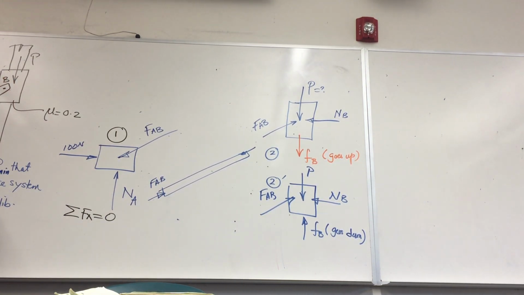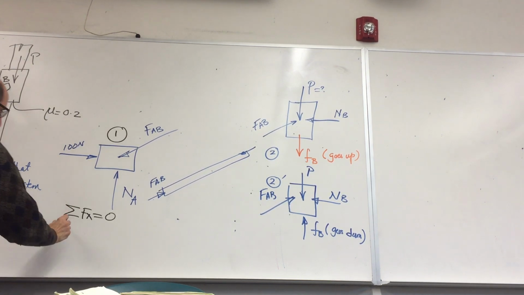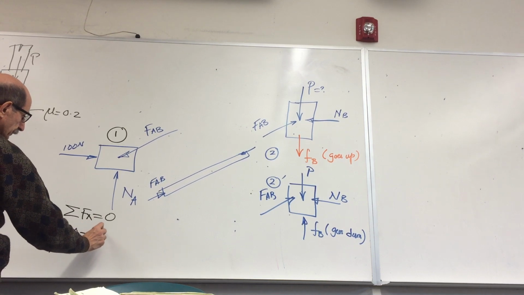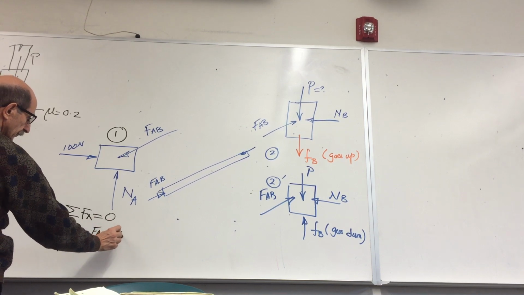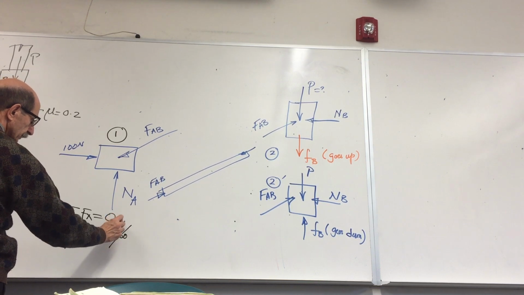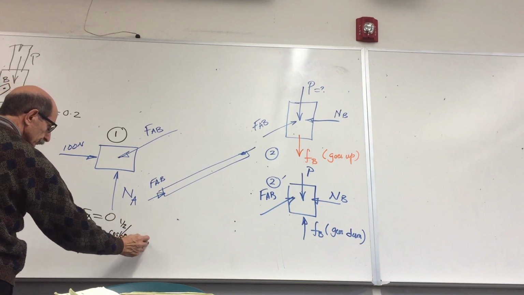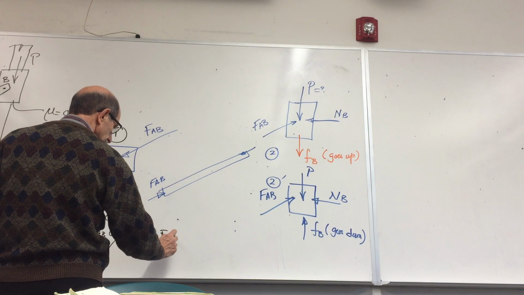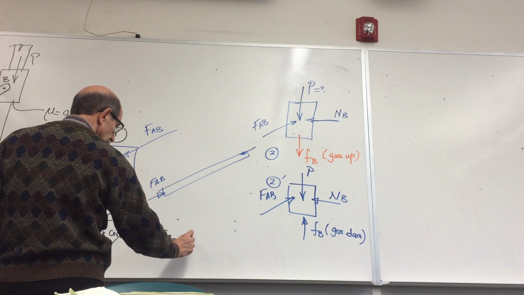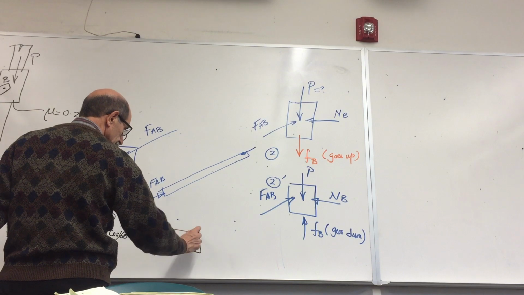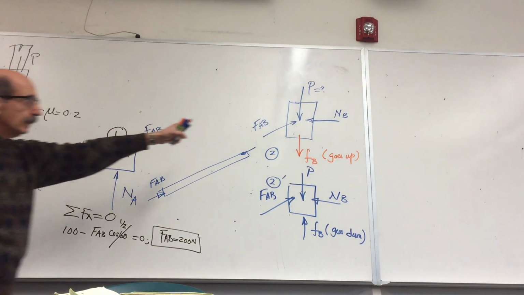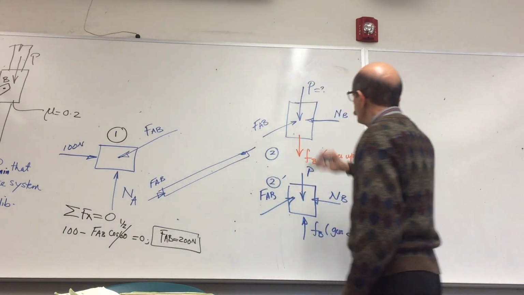Oh, by the way, this is 60 degrees. So you have 100 minus F_AB cosine 60, which is 1/2, equal to 0. So F_AB is 200 Newton. Okay, so I can now go here. Let's consider this one.